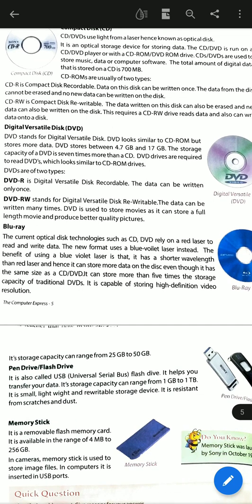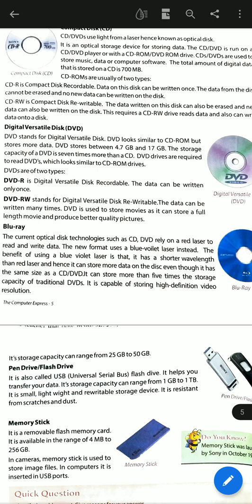DVD-RW stands for digital versatile disk rewritable. The data can be written many times, so you can delete the old data to store the new one. DVD is used to store movies as it can store a full length movie and produce better quality pictures.